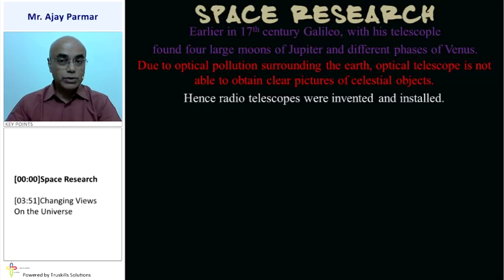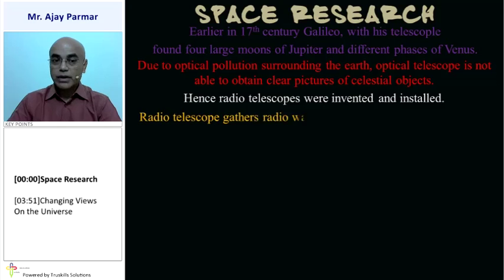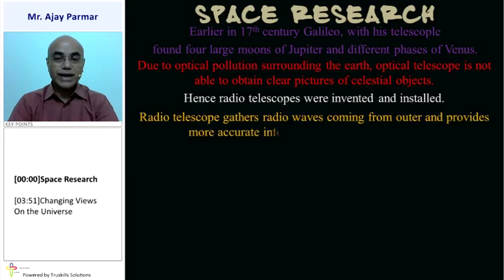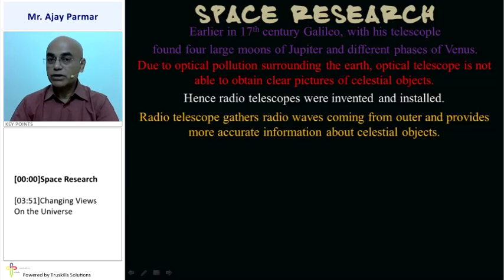So new types of telescopes, that is radio telescopes, were invented and installed. In fact, radio telescopes gather radio waves coming from outer space, and that provides more accurate information about the celestial objects, the heavenly objects.